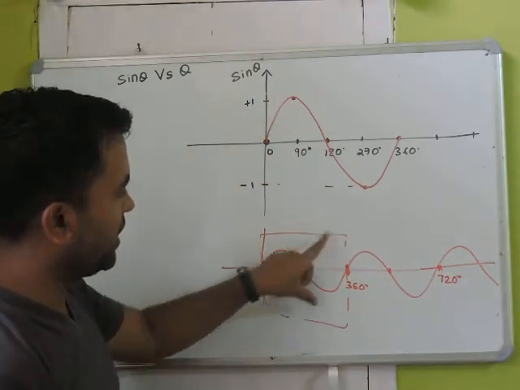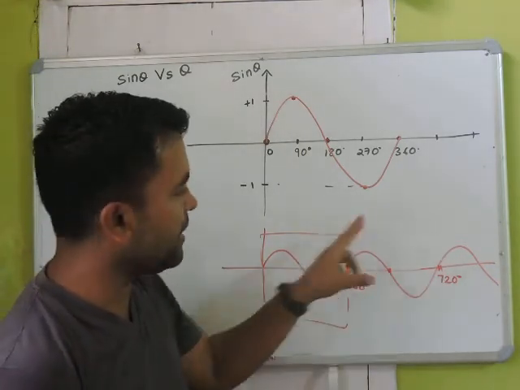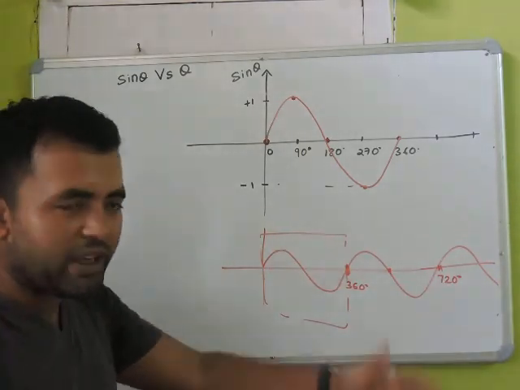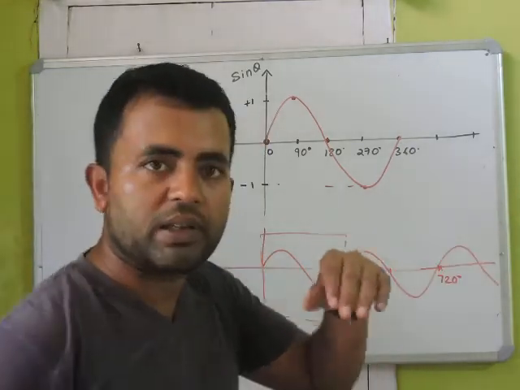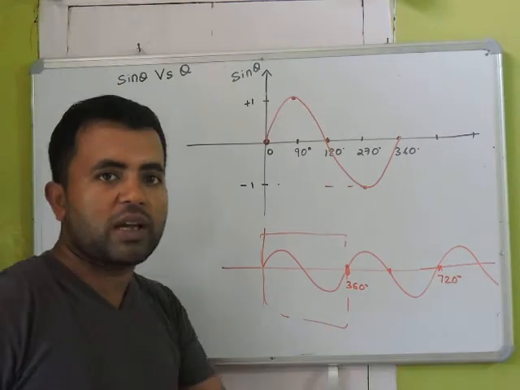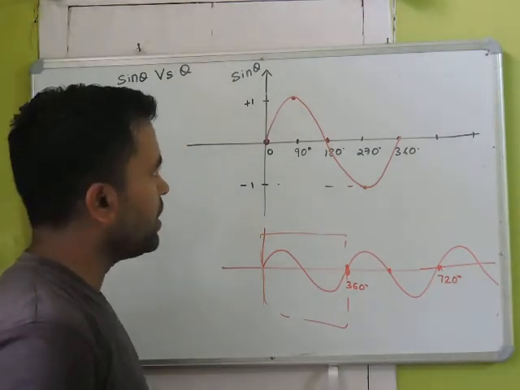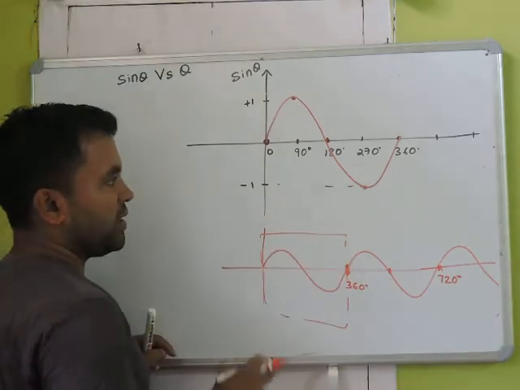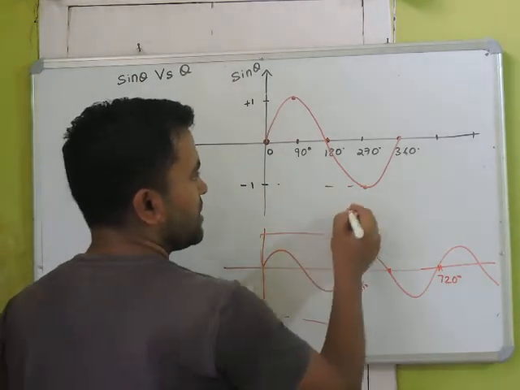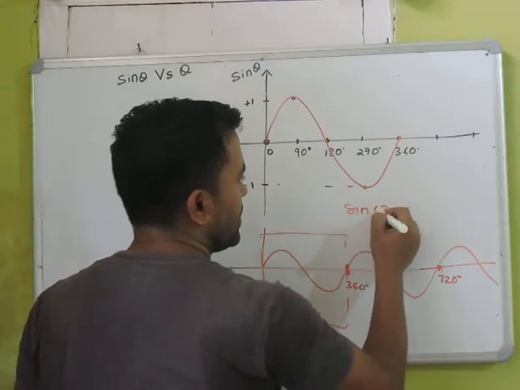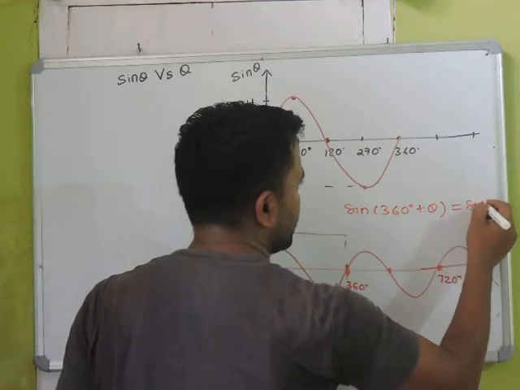You can see, if you take a snapshot of this, the function repeats itself. If you take a snapshot of this, then this snapshot is also the same. And if you remember waves, we represent waves also like this only, right? So actually sine and cosine functions are used to represent waves. They are called periodic functions. The simple fact I am going to write is that sine of 360 degree plus theta is equal to sine theta.